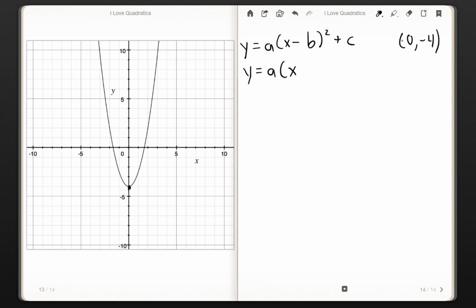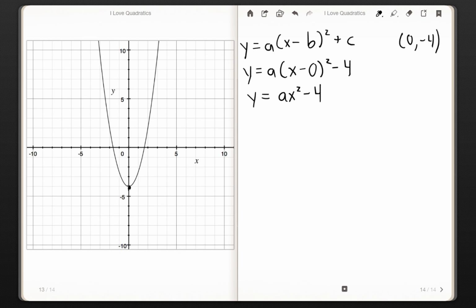So we'll get x minus 0 squared plus c of -4. So x minus 0 is just x, so we can just rewrite this as ax squared minus 4.